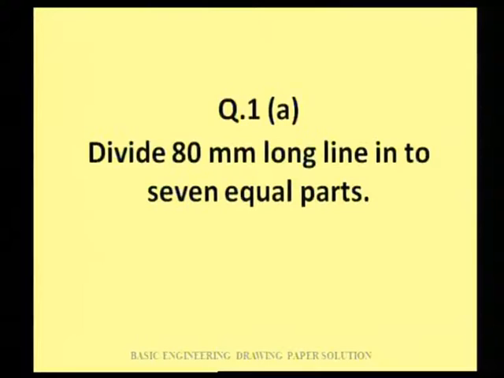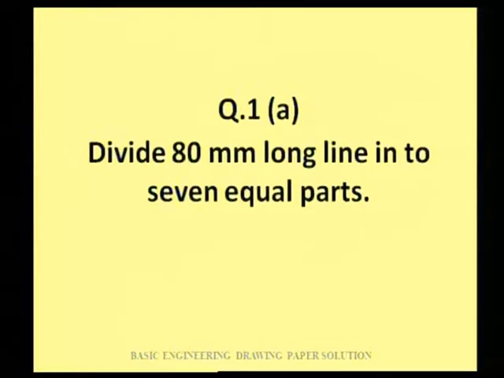Please look at question 1A. The question says that we need to divide an 80 mm long line into 7 equal parts. Now we will see the method to divide a line into equal parts.